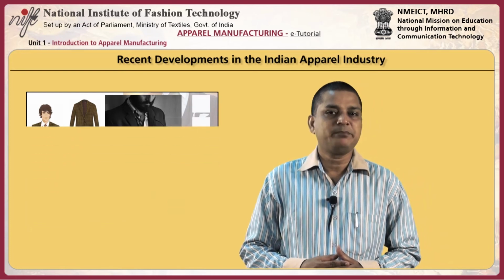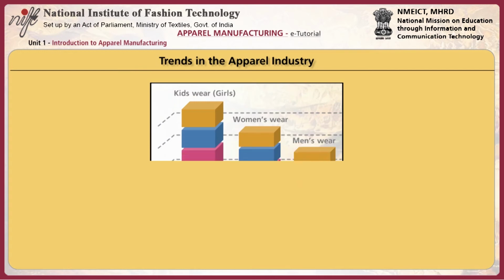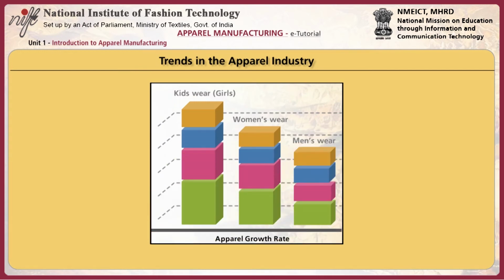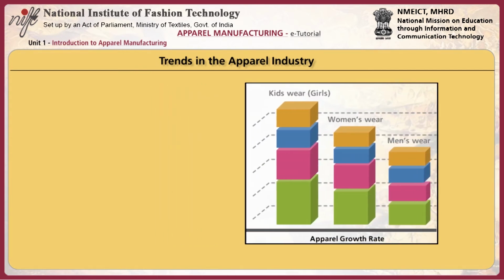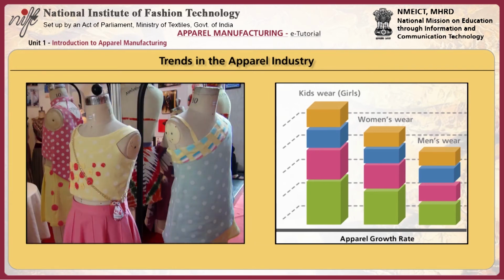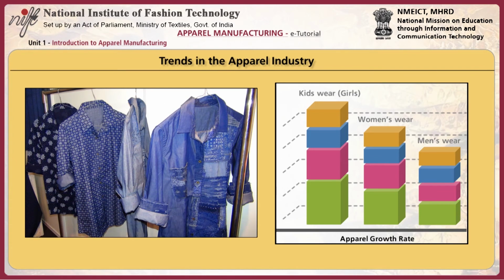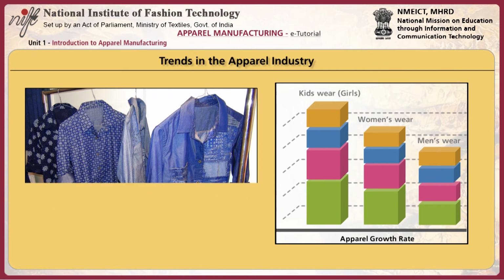Currently, menswear is the biggest segment of the apparel market. Kids wear and women's wear are growing faster than the menswear segment. Among kids wear, the girls segment has the highest growth. Denim, activewear and t-shirts are high growth categories in the men's wear segment.